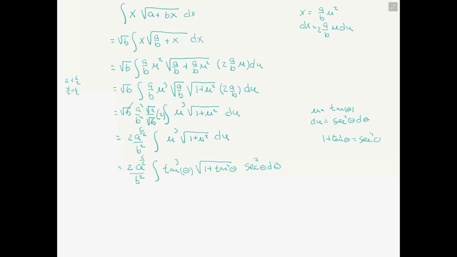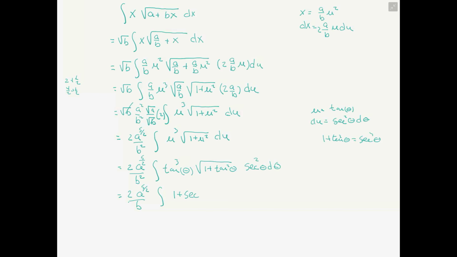And we know that 1 plus tangent squared theta is equal to secant squared theta, so we end up with, boy, what a mess. A to the 5 halves b.